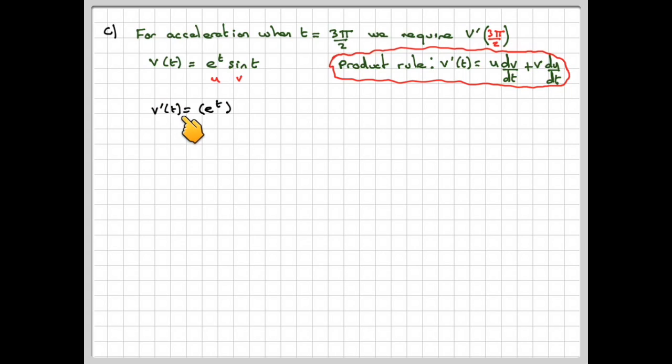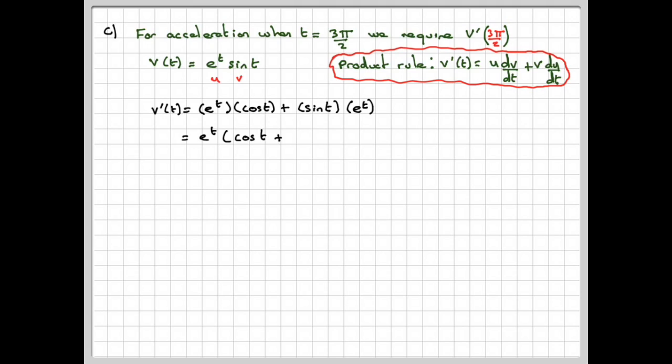So v dash of t is equal to e to the t times cos of t plus sine of t times e to the t. So u is e to the t. When you differentiate it, you get itself, and when you differentiate sine, you get cos.